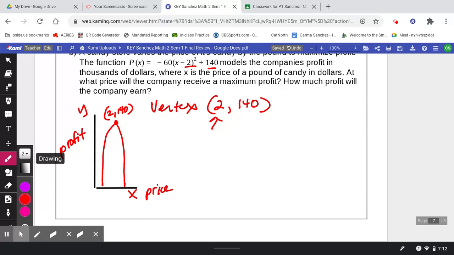So how much profit will the company earn? At what price will they receive maximum?